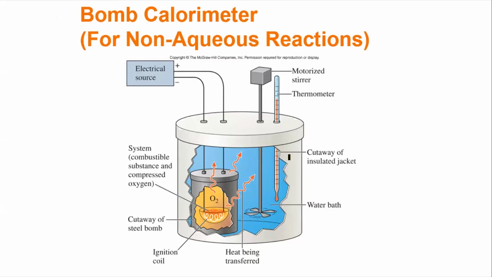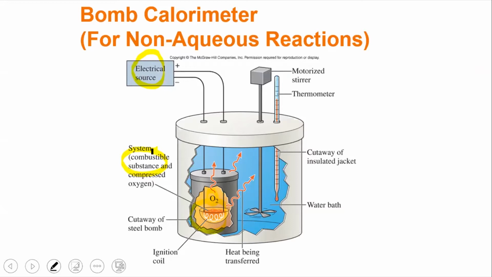In it you have oxygen, an electrical source to give you a spark, and a combustible substance. In other words, this is an apparatus designed to measure combustion reactions, reactions that are very exothermic. That interior part is what we call the steel bomb or the bomb.